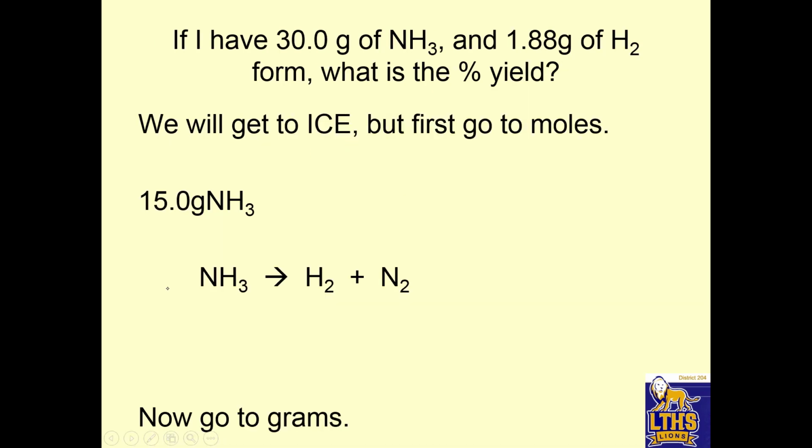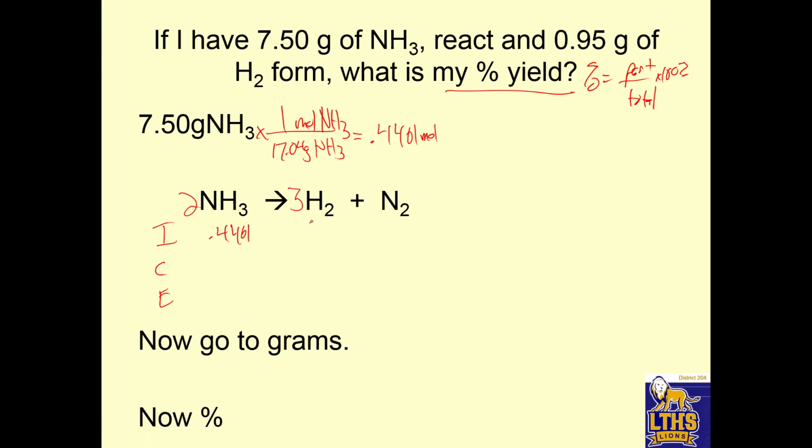Okay. Initially I have 0 and 0 of this. Initially at the start I have 0.4401 moles. My change is going to be minus all. Okay. So again, this is 3 halves. Hydrogen is 3 over 2. 3 of these come from 2 of these. So it's going to be 3 over 2 times 0.4401.